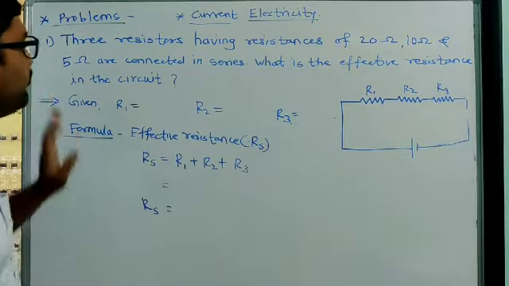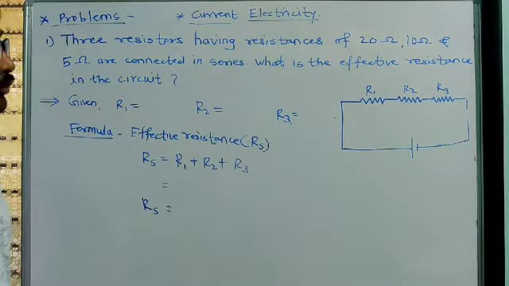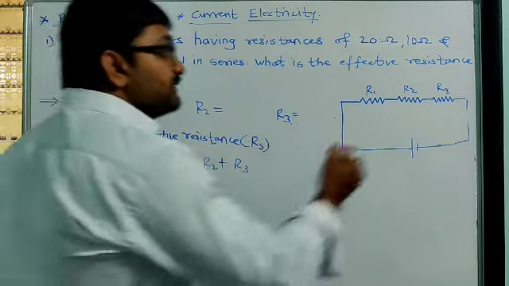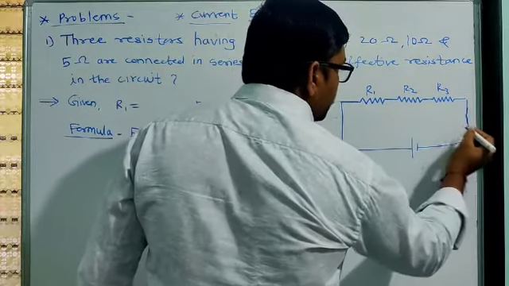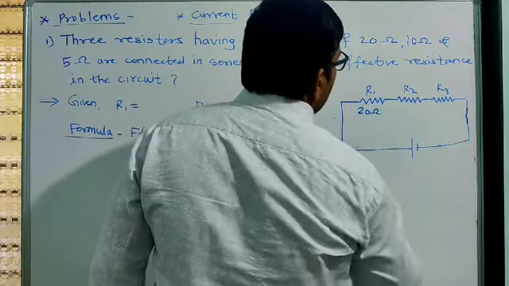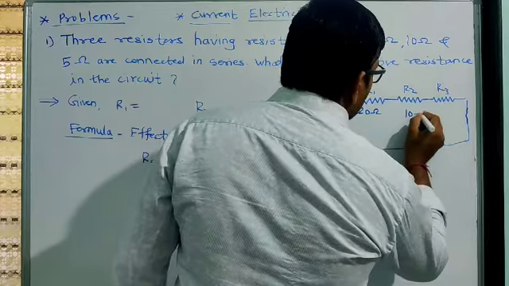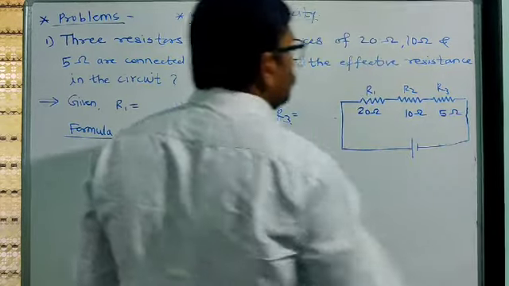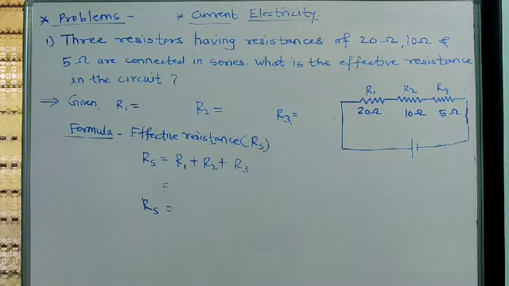What is the effective resistance in the circuit? So again, three resistors are given in a series connection. The value of the first resistor is 20 ohm, the second is 10 ohm, and the third is 5 ohm. What will be their effective resistance?